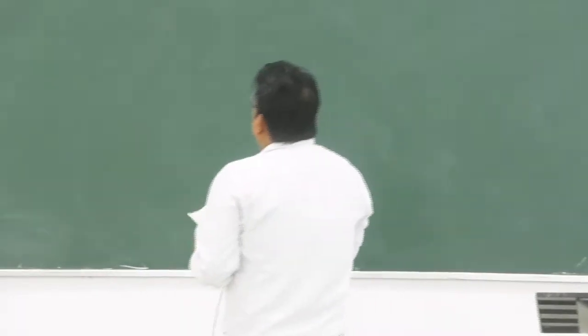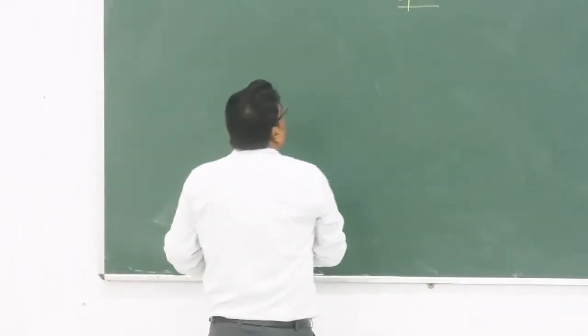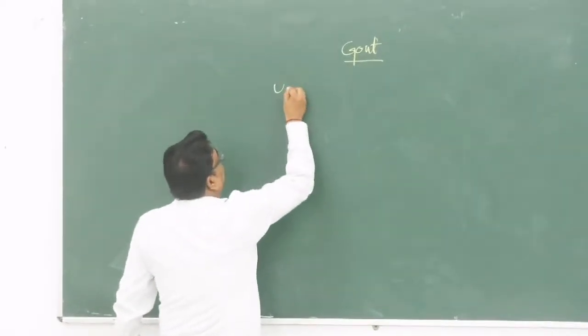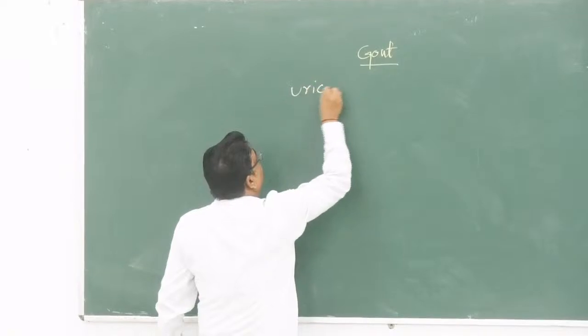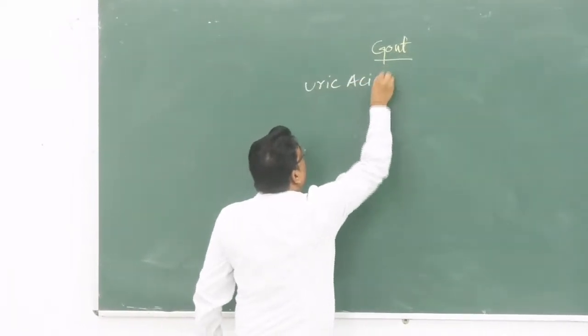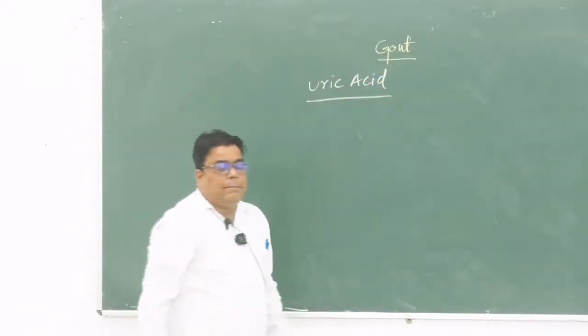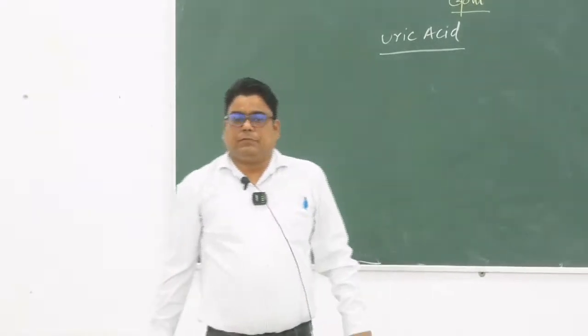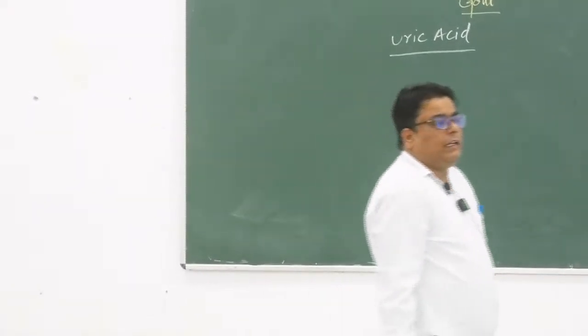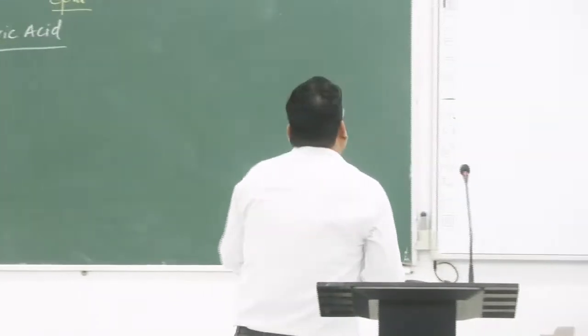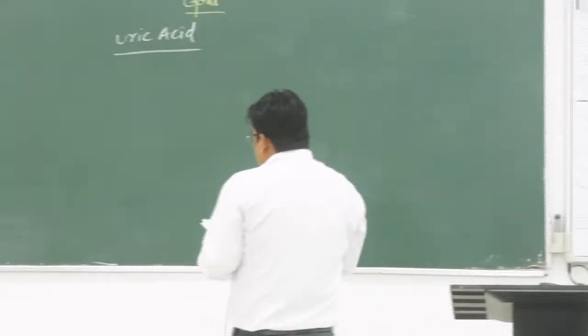Okay. So what is gout basically? A metabolic disorder, with increased uric acid, the end product of purine metabolism.